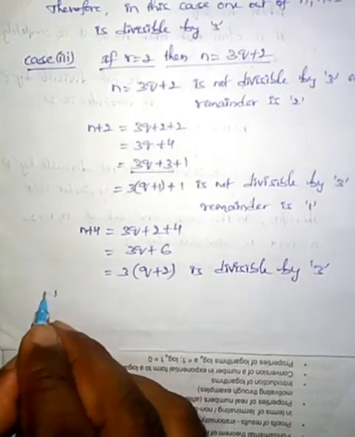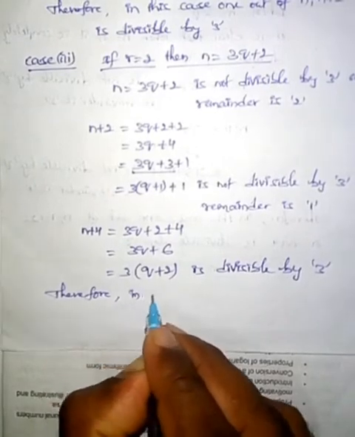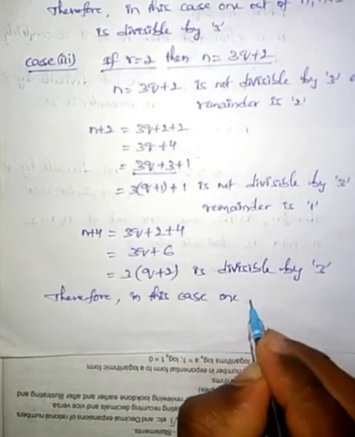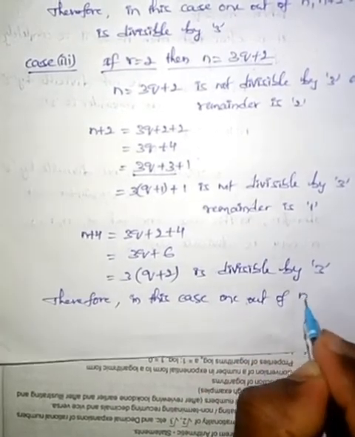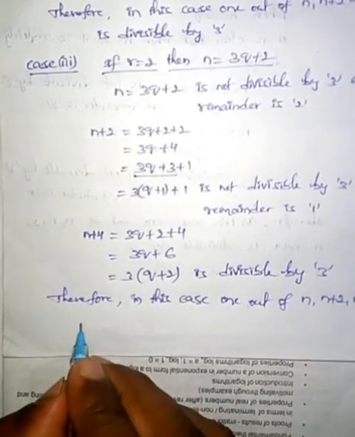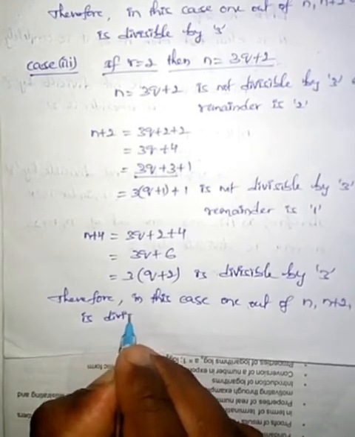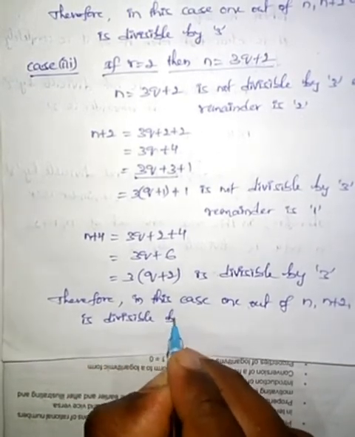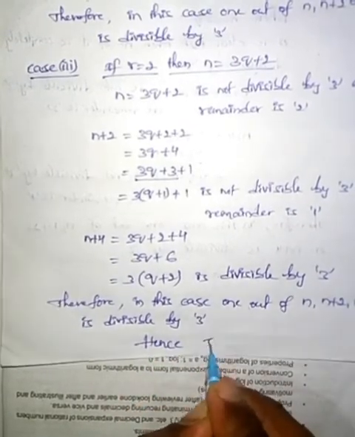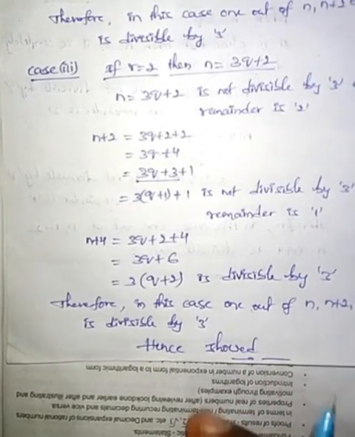So therefore, in this case, 1 out of n, n plus 2 or n plus 4 is divisible by 3. Okay, hence showed. Okay, this is the solution for the last problem.